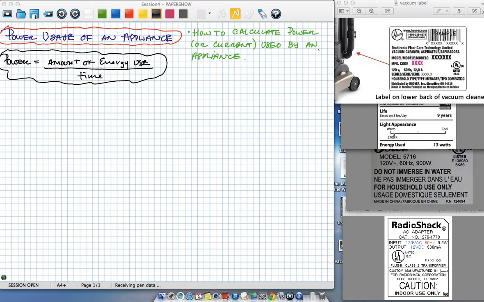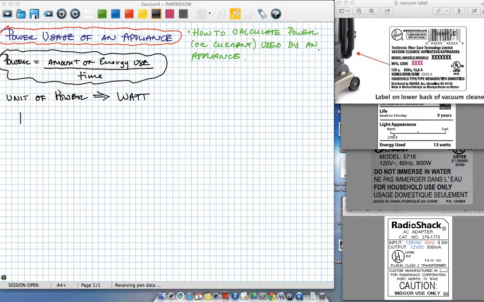Okay, the unit of power is the watt. When we are looking at the energy consumption of an appliance, we're talking about the wattage of that appliance.